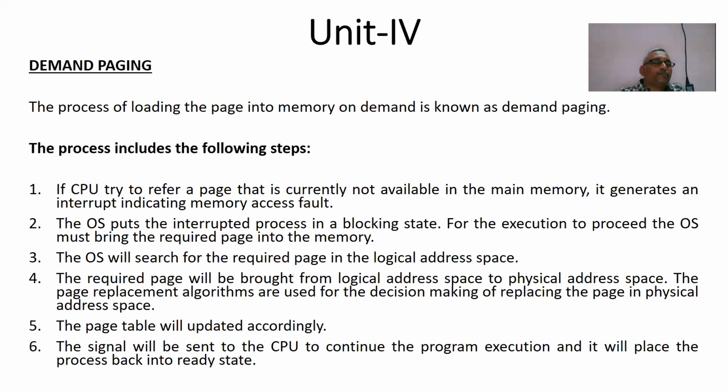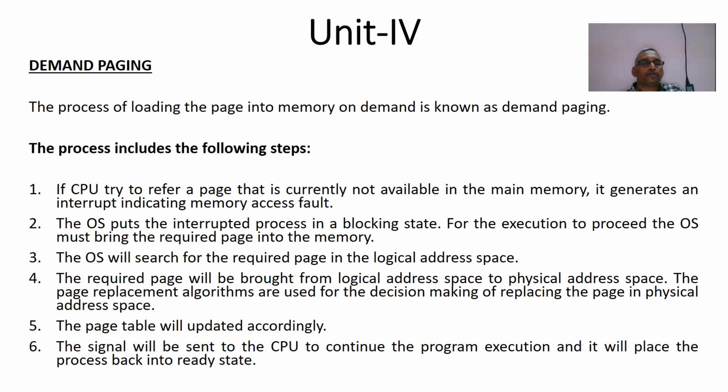Second one, the operating system puts the interrupted process in a blocking state. For the execution of the process, the operating system must bring the required page into memory. Third, the operating system will search for the required page in the logical address space. Fourth, the required page will be brought from logical address space to physical address space.